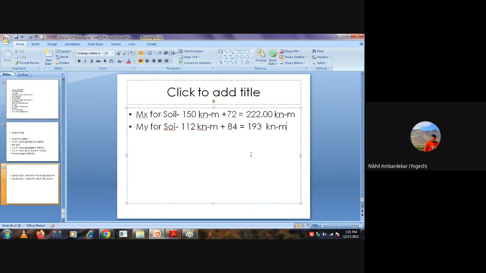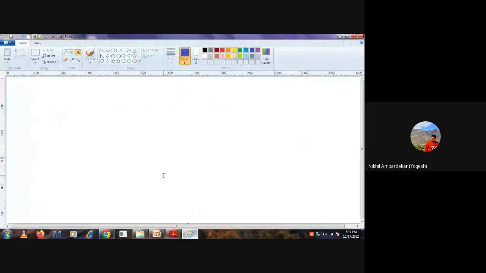Understand why I added this 72 and 84? Because for the external side, the wall is subjected to triangular pressure plus surcharge.